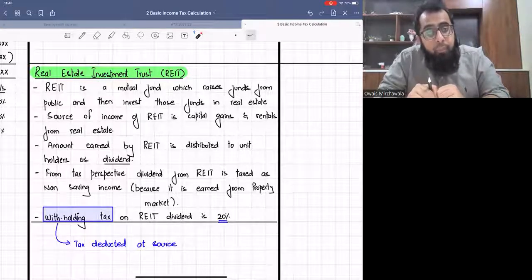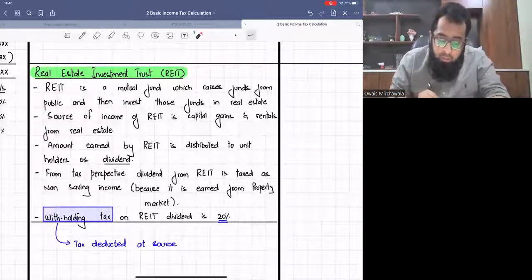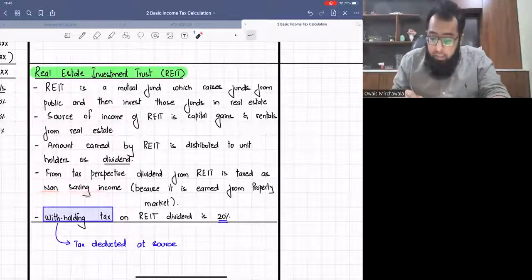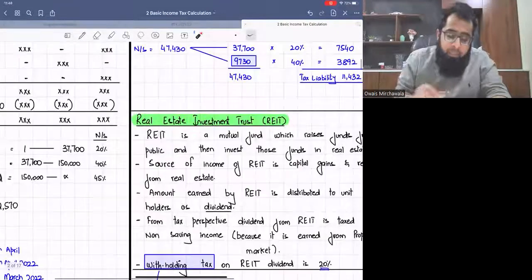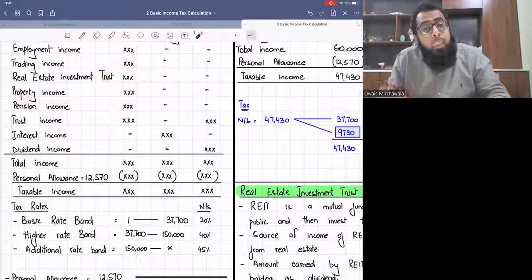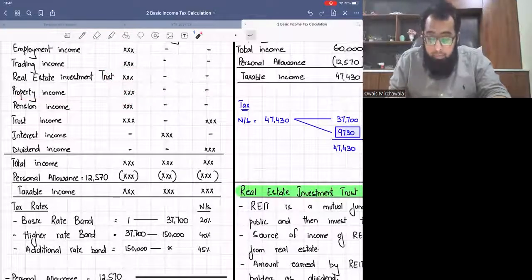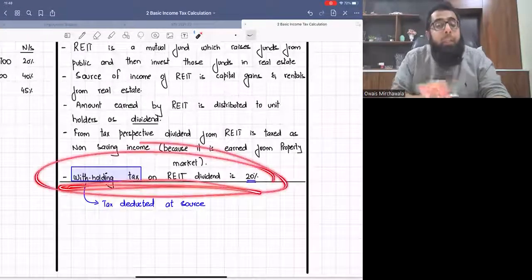From the tax perspective, it is taxed as a normal income, not a dividend income, because it earns from the real estate market. The tax department says that since property income is normal, REIT will also be a normal income. The advanced tax is 20%.